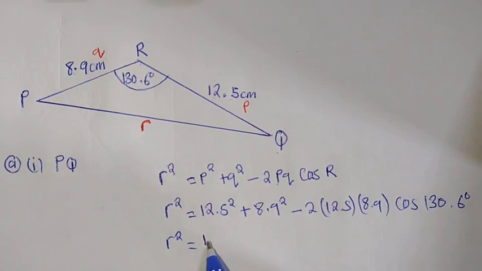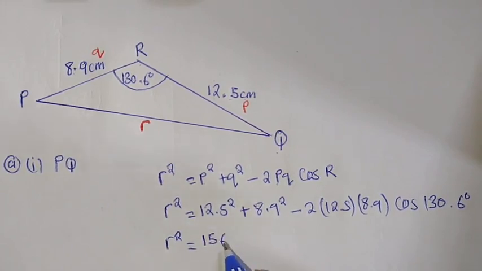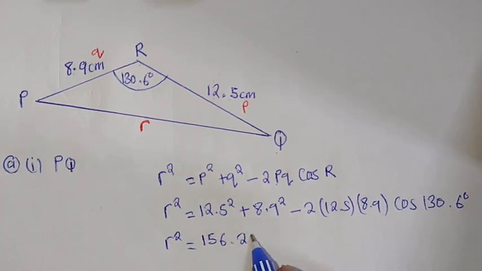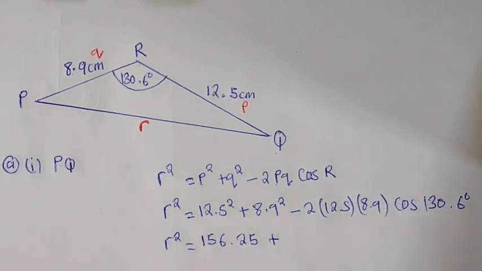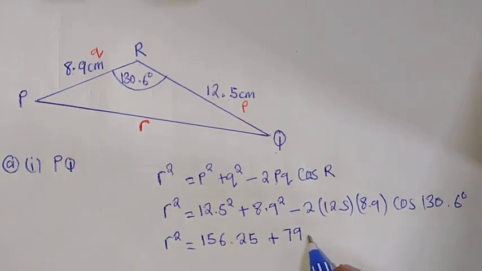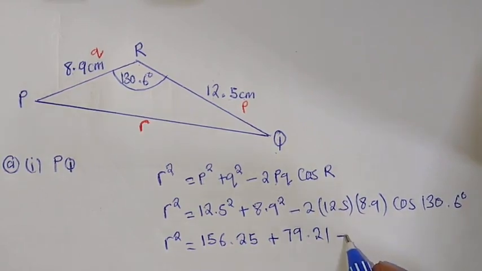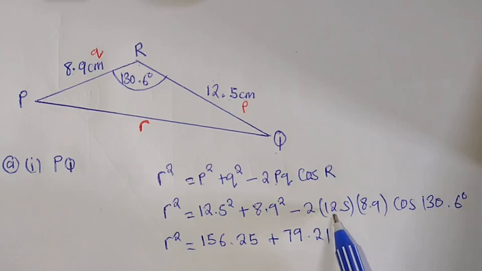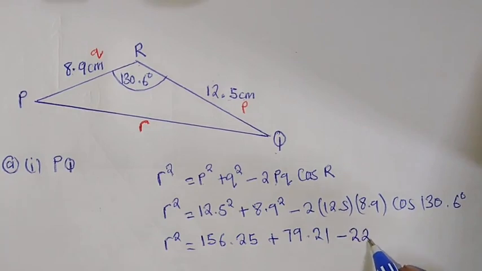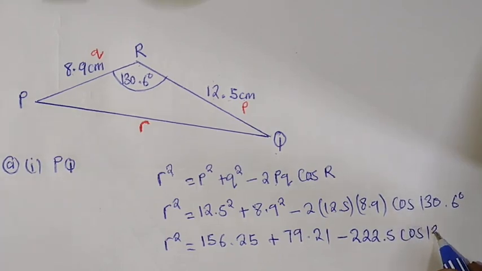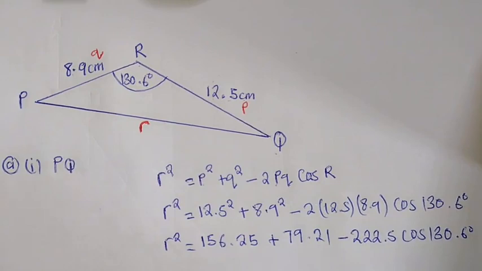Remember, this is paper 2, so you can use a calculator. 12.5 squared gives us 156.25, plus 8.9 squared, which gives us 79.21, minus, we can do the multiplication here, 2 times 12.5 times 8.9, which gives us 222.5, cos 130.6 degrees.